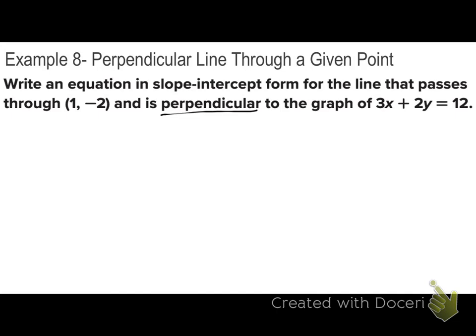What would be my first step to get y by itself? Subtract 3x from both sides of this equal sign. Are 12 and negative 3x like terms? No. So I've just got to write it out: negative 3x plus 12. How would I get y by itself? Divide everything by 2.